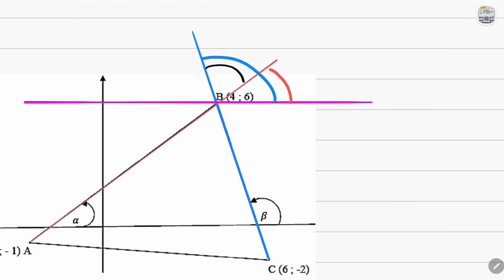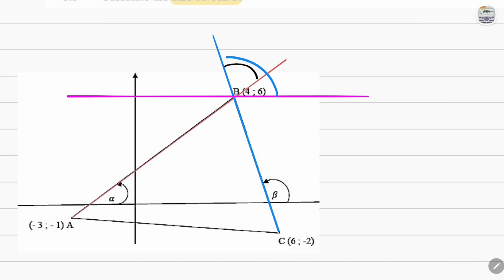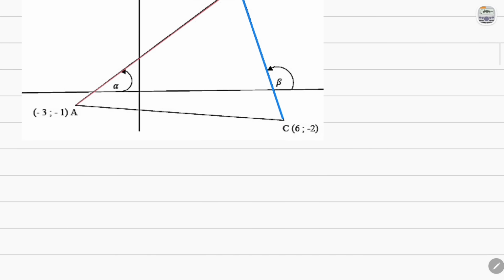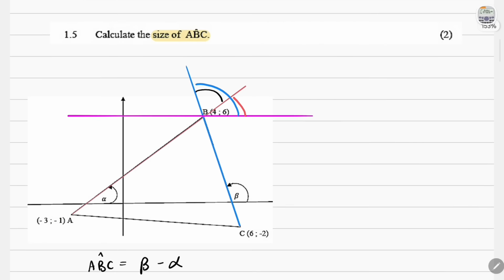So if you took this entire angle and you said all of that minus all of this, do you see how you'll be left with that part in the middle? And then that is angle ABC because it's vertically opposite it. So that's how we can find it. We already have the angle of inclination of line BC and the angle of inclination of line AB, and so we can find that. So that angle, call it angle ABC, is found by taking beta minus alpha, and then we'll find it like that.